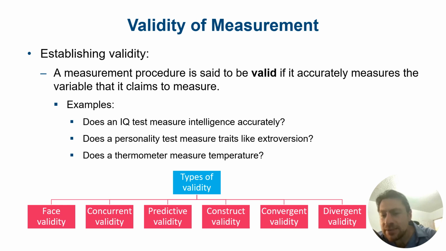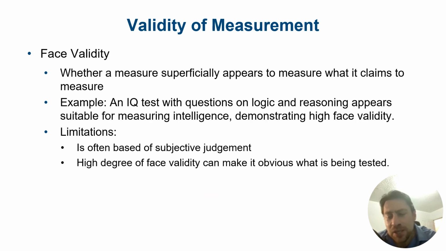So we're going to talk about 6 different types of validity, which are face validity, concurrent validity, predictive validity, construct validity, convergent validity, and divergent validity. Okay, so beginning with face validity.